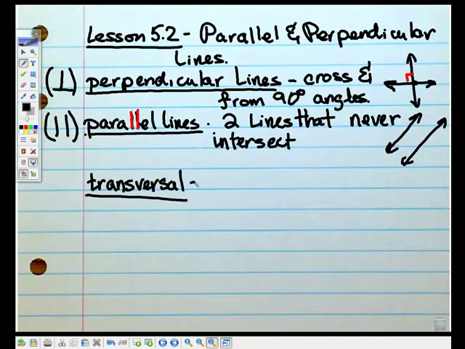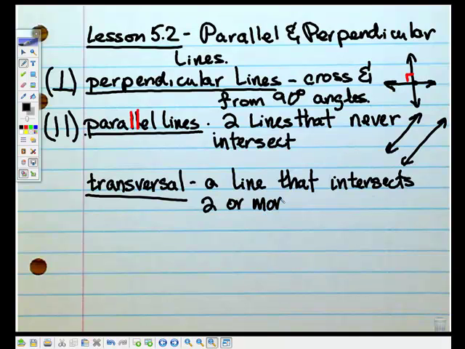A transversal is simply a line that intersects two or more parallel lines, and I'll use the symbol for parallel right there.